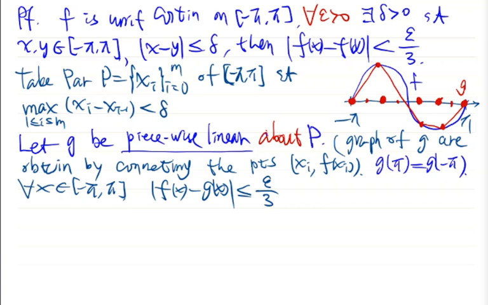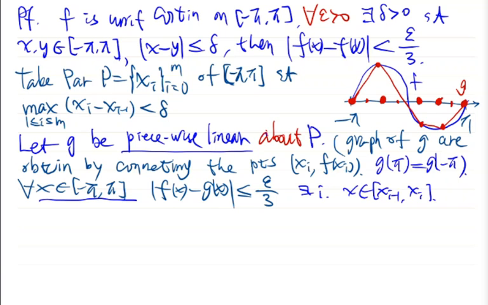Because x belongs to the interval, there must be some i such that x belongs to [x_{i-1}, x_i]. Then because g is linear, the graph of g is a segment, for example, this segment.